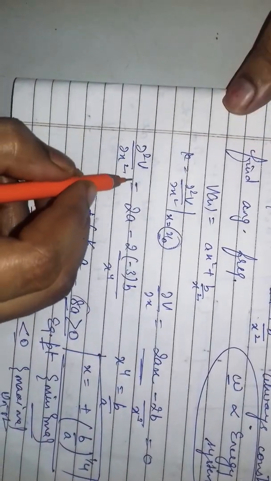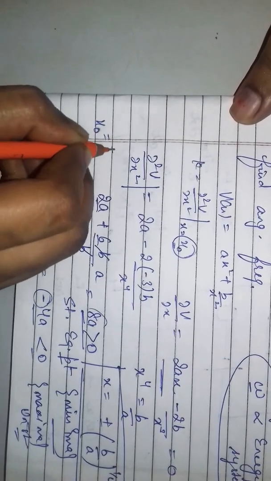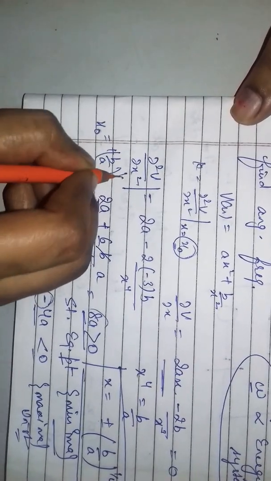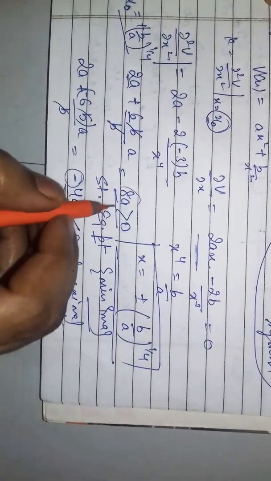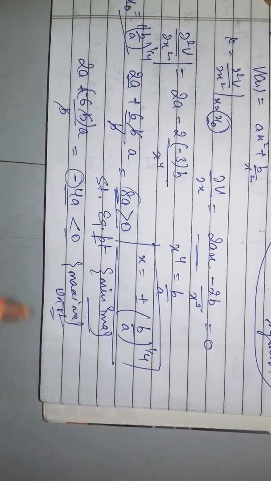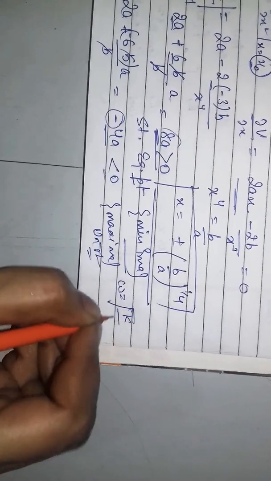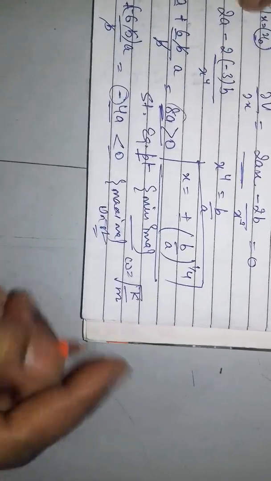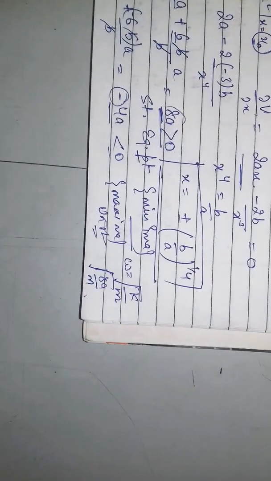So you have what? Curly square V upon curly x square: your x naught equal to plus b by a raised to power 1 by 4 is a stable equilibrium point, and the value of it is 8a. So omega, what it will become, that is under root k upon m, and that will be under root 8a upon m.